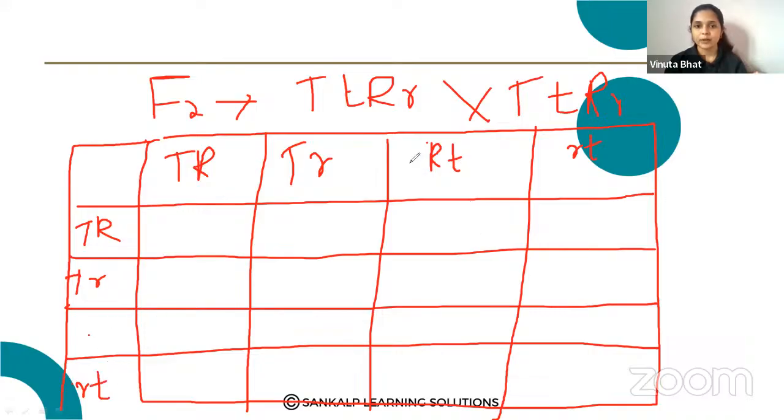So what type of gametes will be produced here? Small t, capital R. You can write like this, so that will be convincing. Small t, capital R. Here also you can write like this.